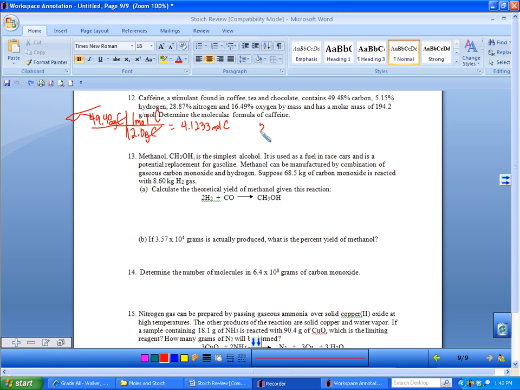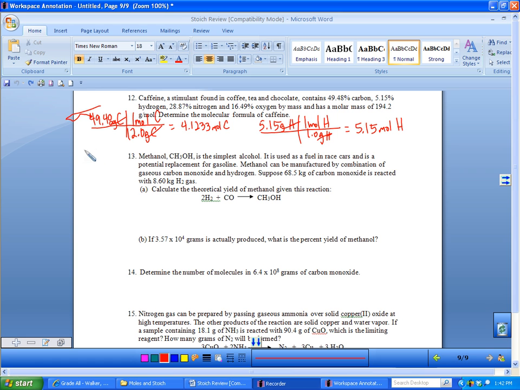And then I want to do the hydrogen, 5.15 grams of hydrogen. 1 mole of hydrogen is 1.0 grams of hydrogen. Cancel, cancel, so I get 5.15 moles of hydrogen.